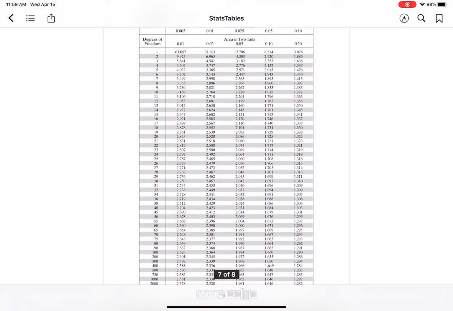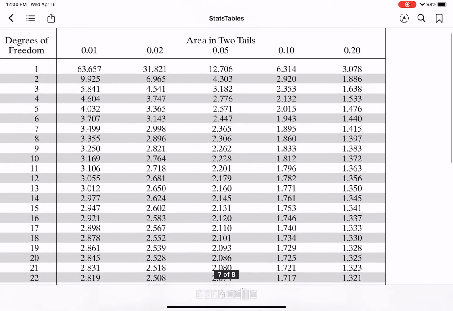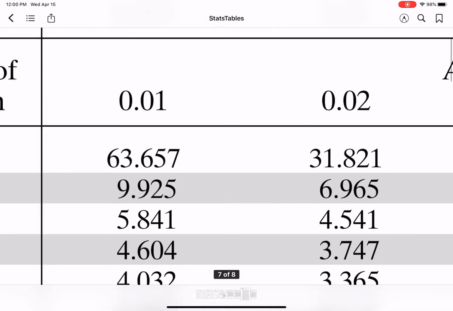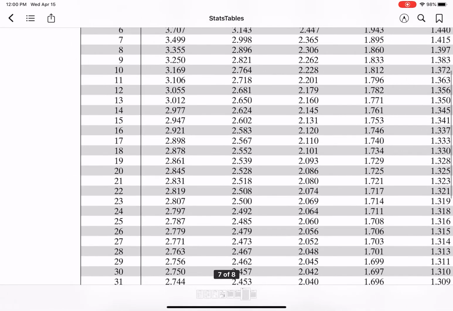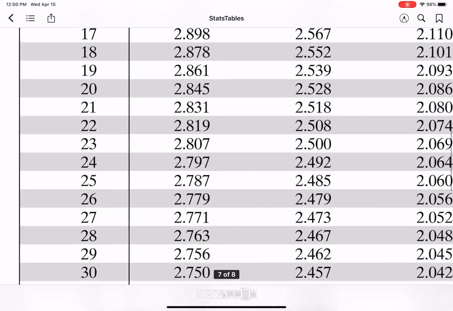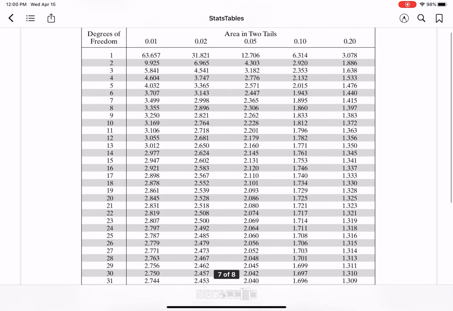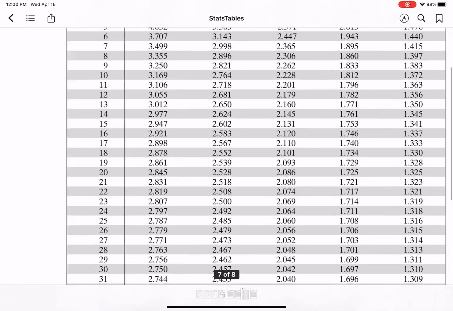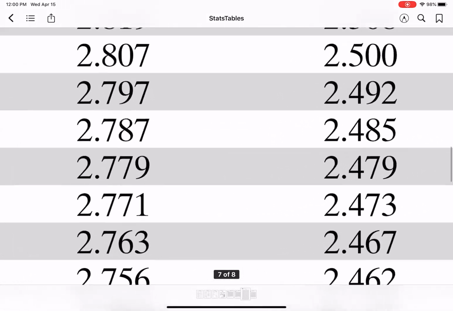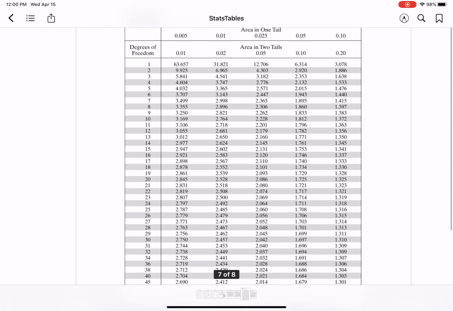So here's my t table. I have area in two tails 0.01, and degrees of freedom 27. When we match the area in two tails of 0.01 with degrees of freedom being 27, we find this number here, 2.771.